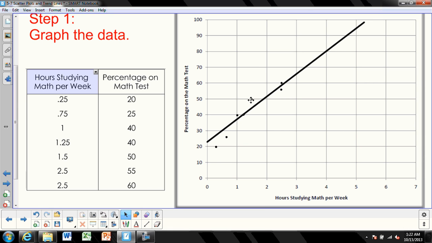As you can see, we have half the points above the line, half the points below. Now the question was, how long do you have to study in order to achieve a 90%? And if you follow the trend line up, 90% correlates to approximately 4 3/4 hours worth of studying.